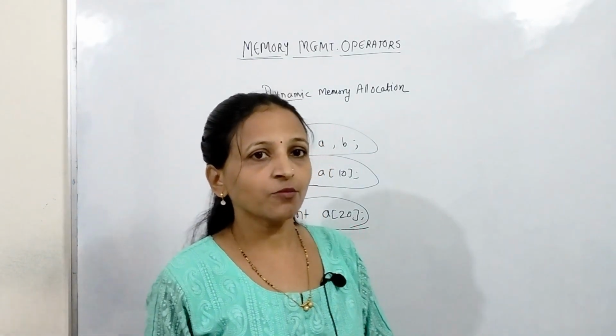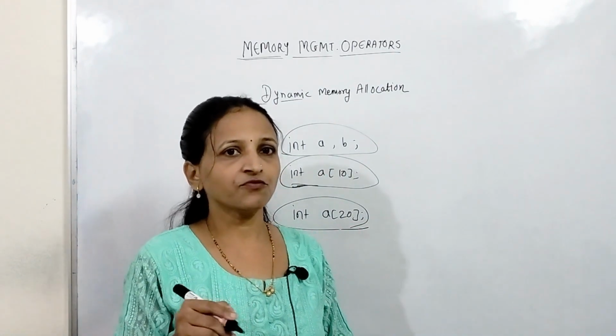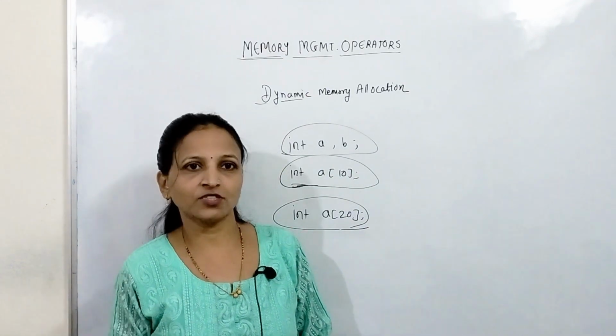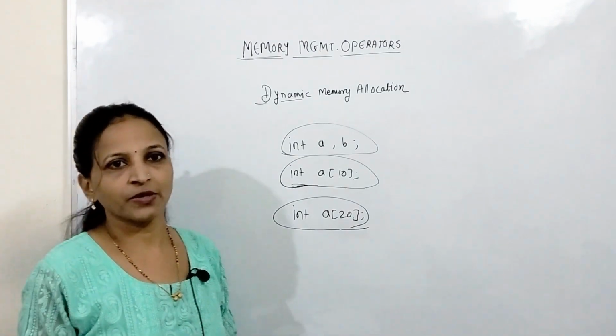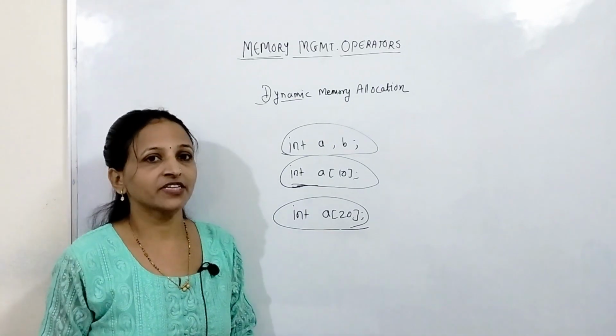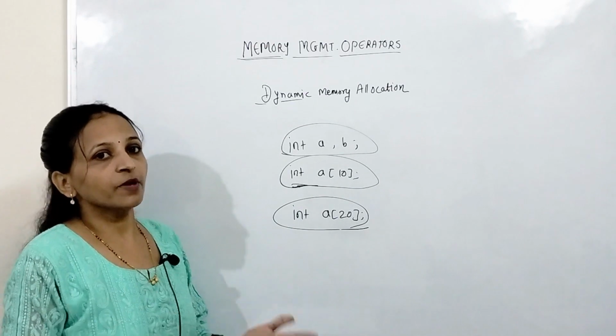At runtime you ask the user how many numbers they want to enter. Let's say the user enters 4, then you allocate space for only 4 integers and use it. Getting? Then there will be no memory wastage. This is the solution to avoid that memory wastage, and that is through dynamic memory allocation.